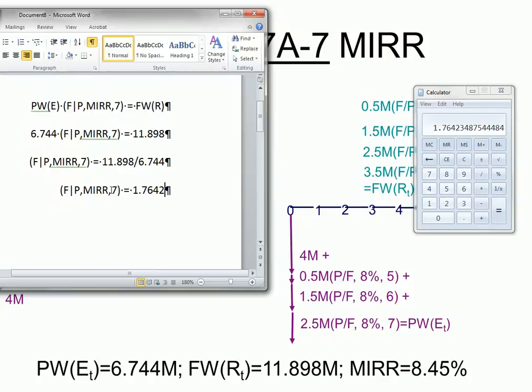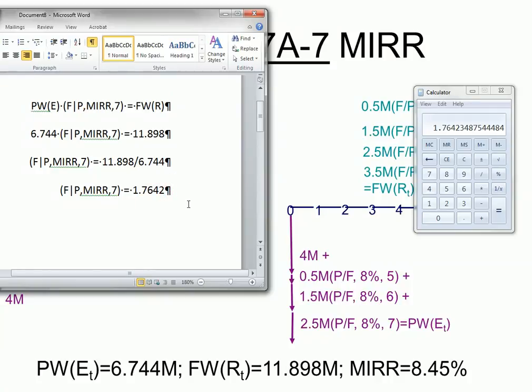And then if you go and look in the tables in the book, on different pages, we look for different values of interest rate, and then look at the column that says F given P and the row that says 7, we can find that there's actually different values, say maybe 8 and 9%, that would be somewhat close to this value.